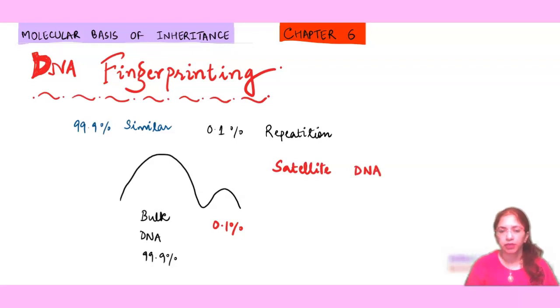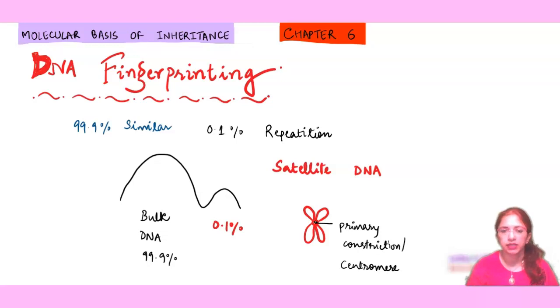You must be remembering that in class 11th we discussed the SAT chromosomes, right? So whenever you have to draw chromosomes, they are drawn like this. The central circular structure is known as primary constriction, and this primary constriction is also known as centromere. Some chromosomes, besides containing the primary constriction, also contain secondary constriction.